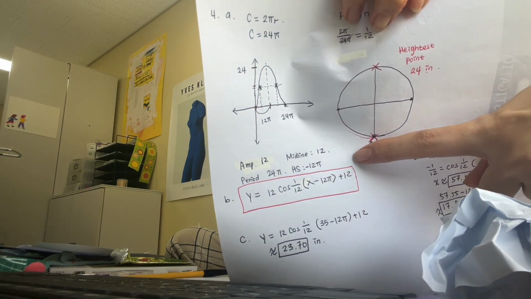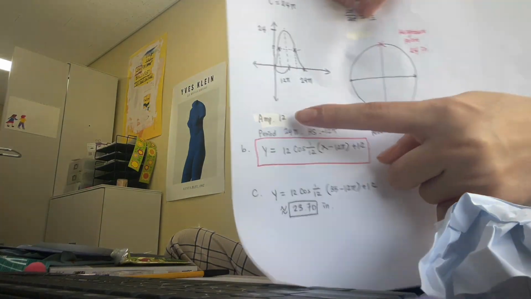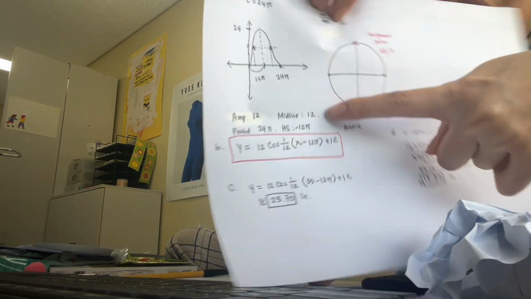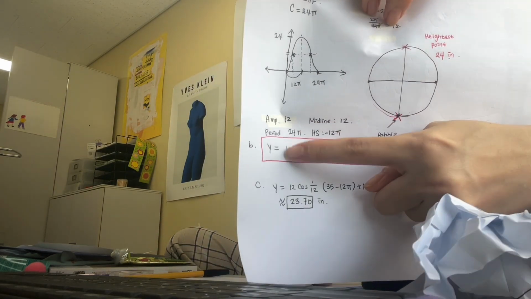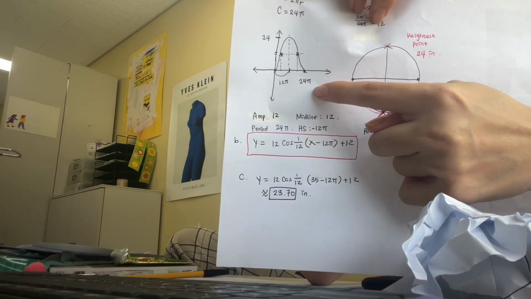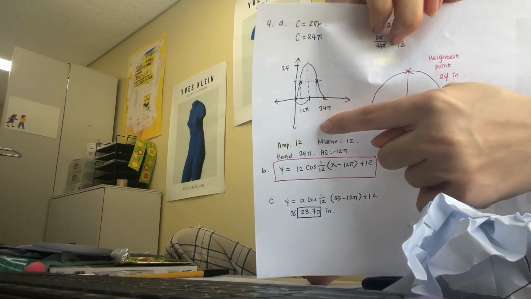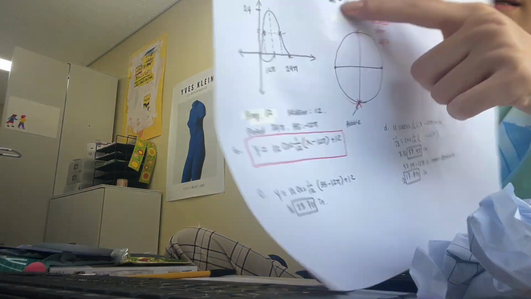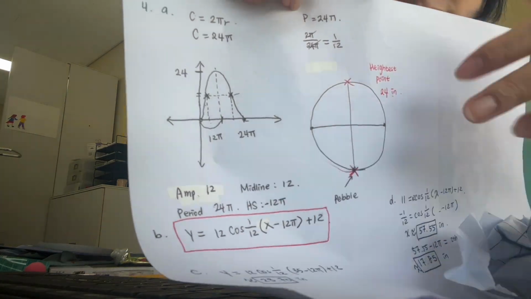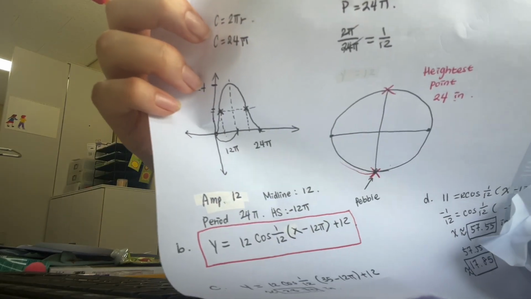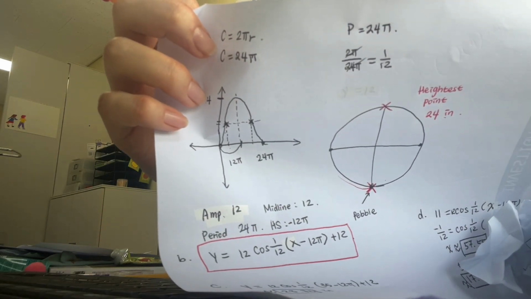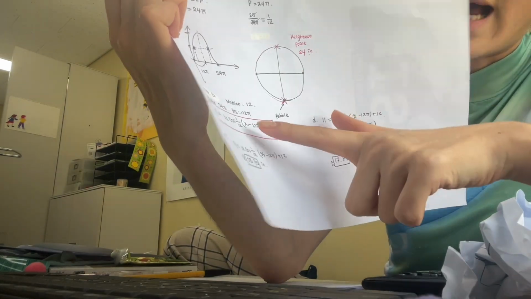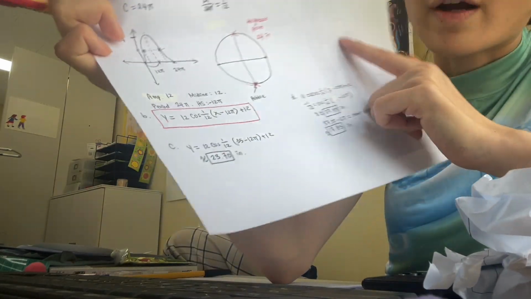And if I were to take a look, we can find out that our amplitude is 12, our midline is also 12, and our period, they gave it to us, it's 24 pi, which means we will put P equals 24 pi, therefore 2 pi over 24 pi, which is 1 over 12, and that's what we would have to put into our cosine function.